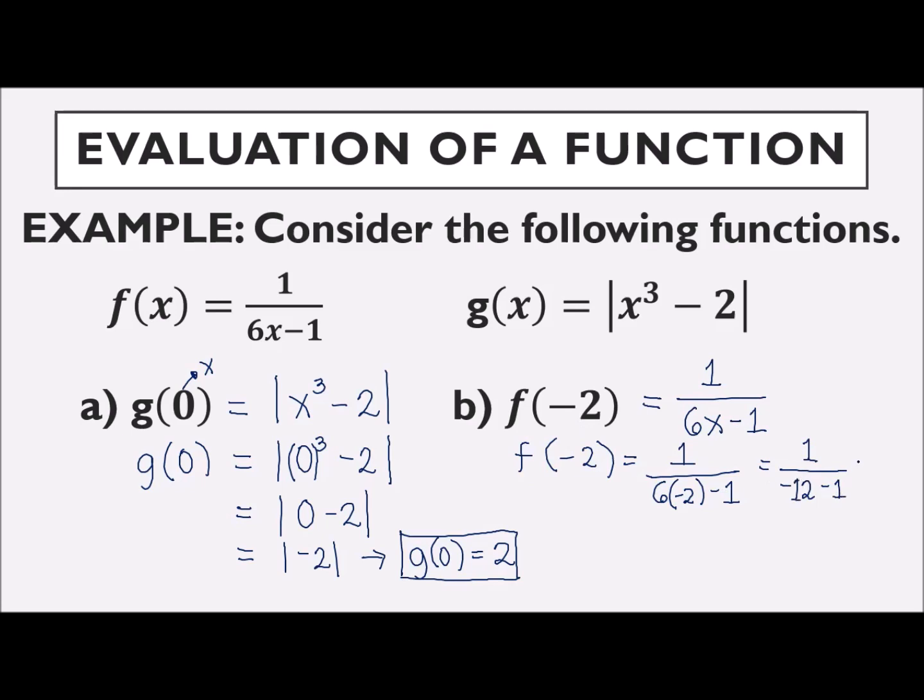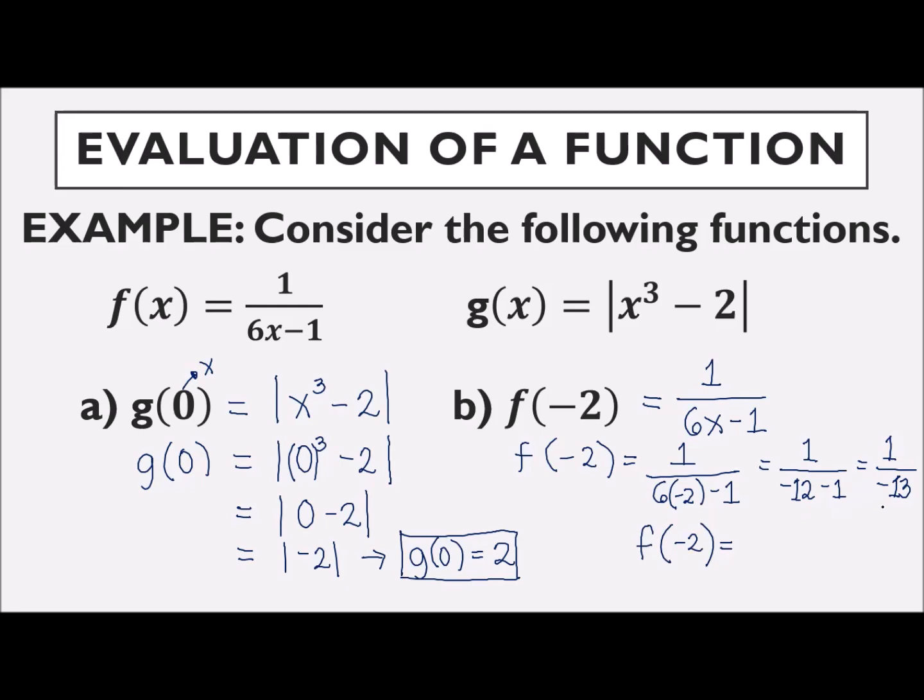Then, simplify mo lang. So, what is -12 minus 1? So, 1 over, the answer here is -13. Okay? So, don't forget the rules of integers. So, our final answer here is f of -2 is equal to, pag ganyang may negative sa denominator, lagay mo lang siya either sa gitna or sa taas.